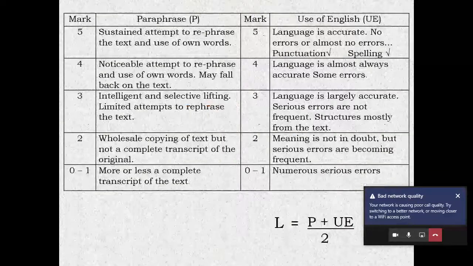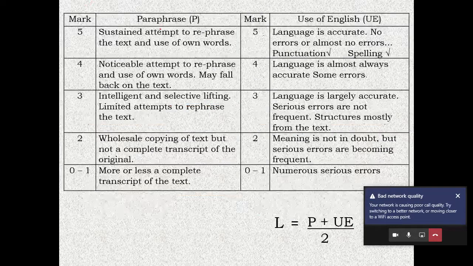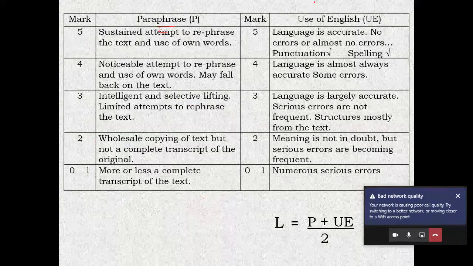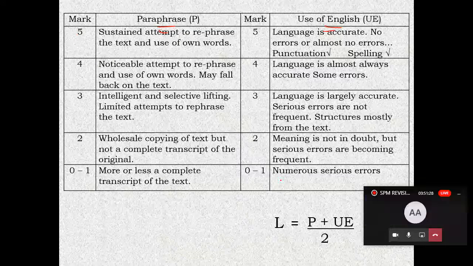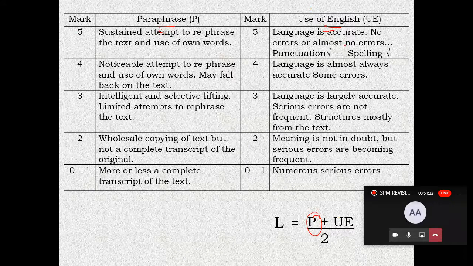If you look here, this is basically the language section. You have points for paraphrasing and you have points for the use of English. When you paraphrase it is between 1 to 5 and use of English is 1 to 5. So you have P plus UE, so it's paraphrase, whatever marks you get here, plus whatever marks you get for your use of English, you halve it because language is just 5 marks.